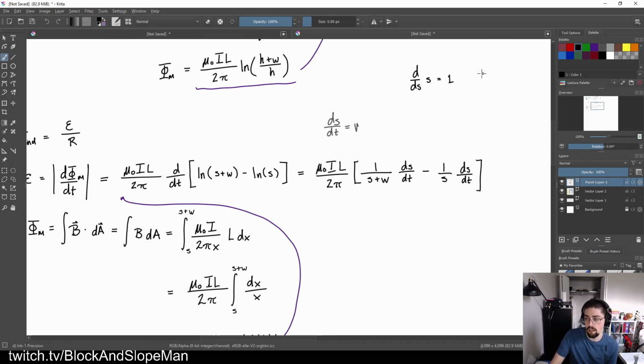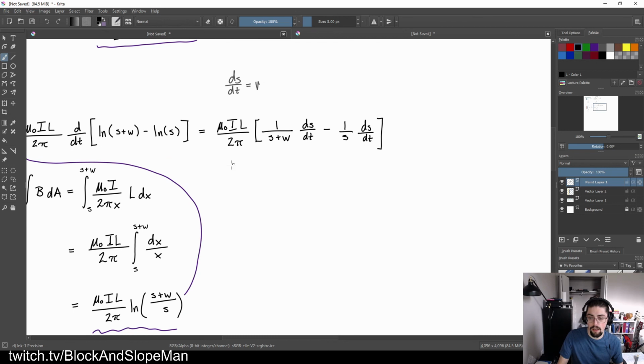But if I were to take d/dt of s, that's ds/dt. Keep that in mind because this one over here ends up with ds over ds. And remember, since w is a constant, the derivative of any constant is 0.